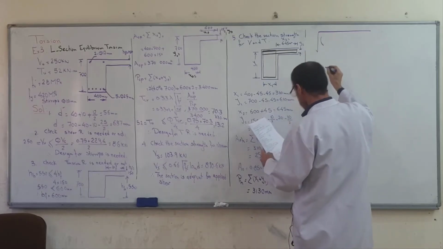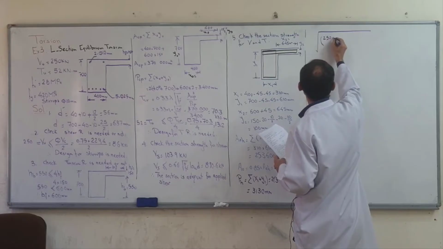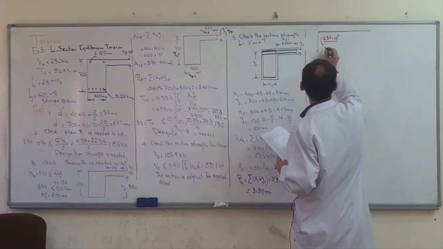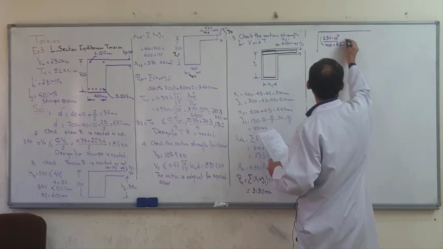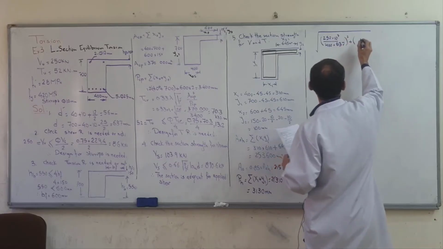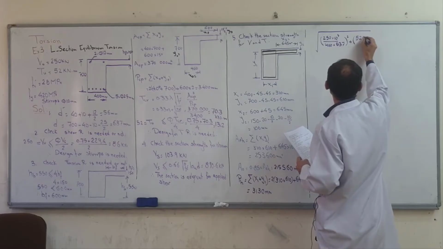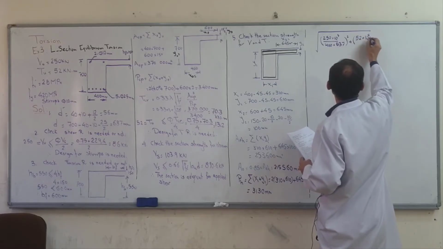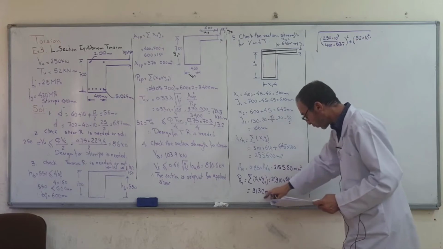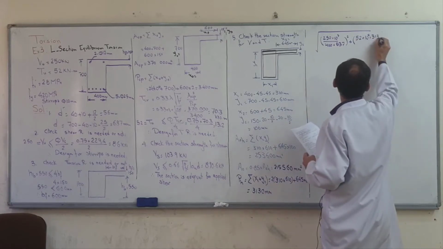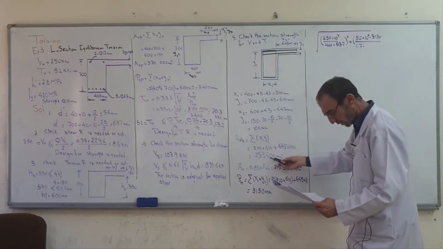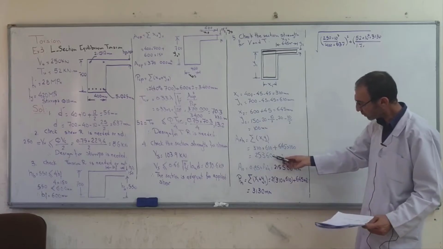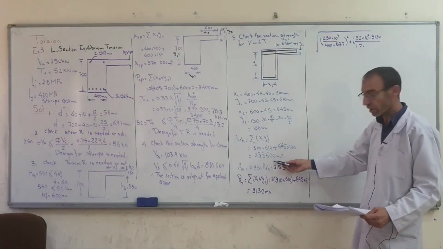V ultimate, 250 times 10 to power 3 over bw 400 times d 637, all squared, plus Tu 52 times 10 to power 6 times Ph 3130 over 1.7 times A0h squared, A0h times this value.